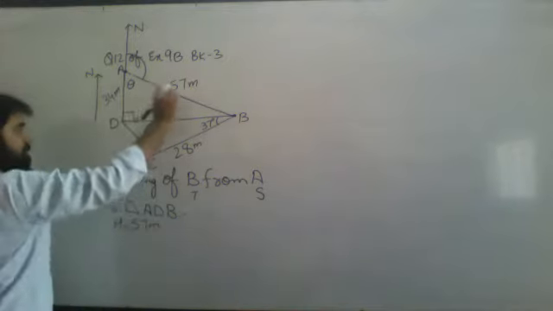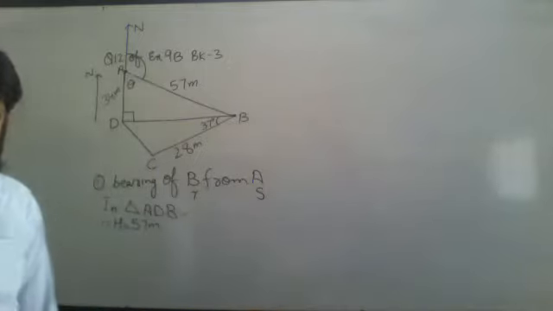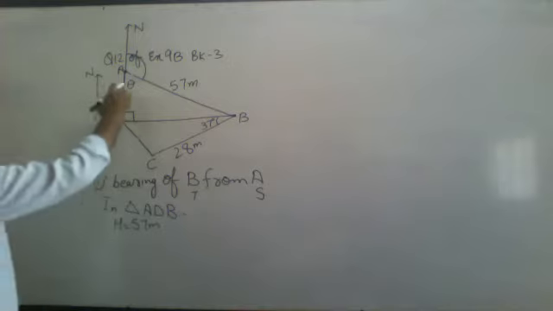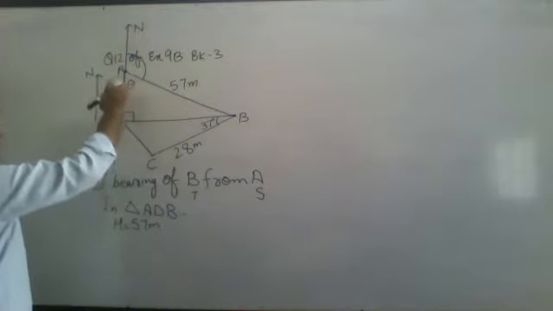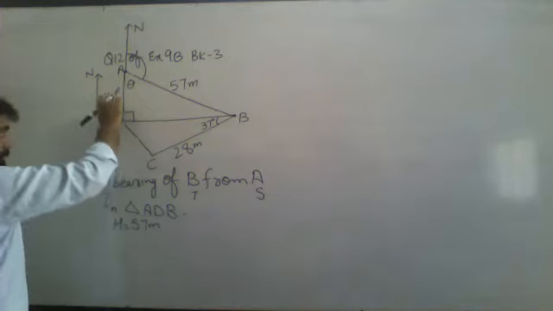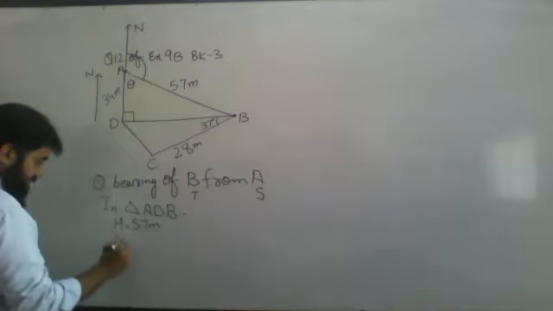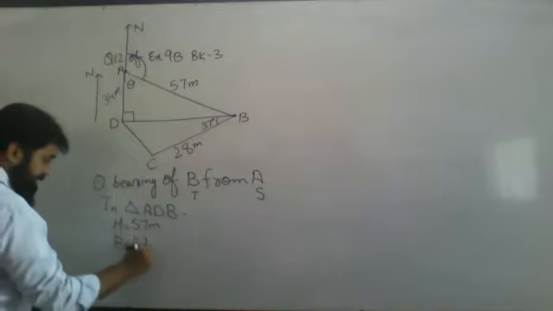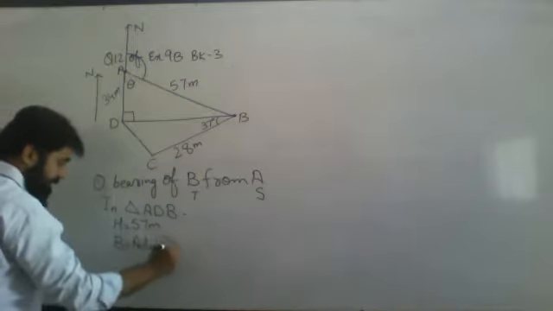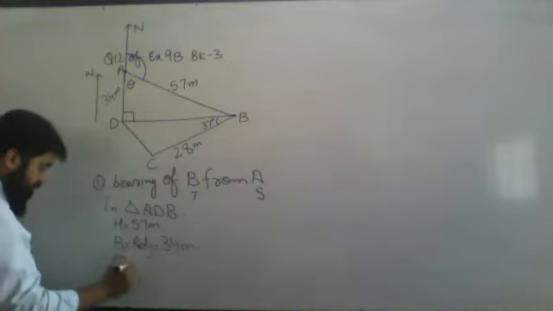Opposite to 90 degrees, the hypotenuse is 57 meters. Now, adjacent to this angle, it is 34. So the base or adjacent side is 34 meters. You have to find theta over here.